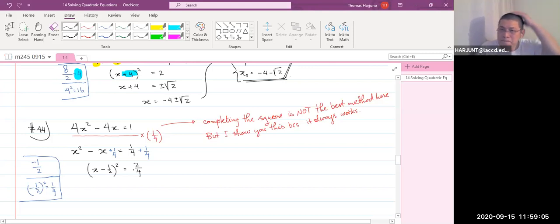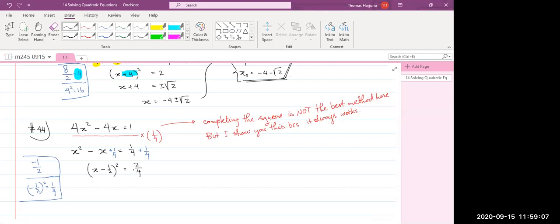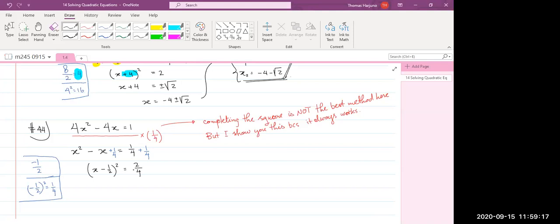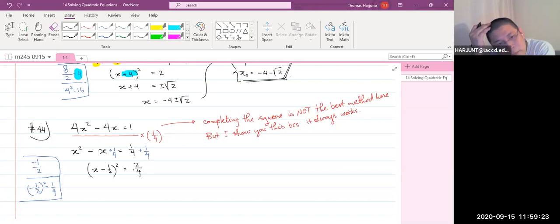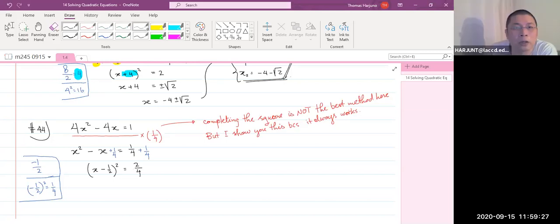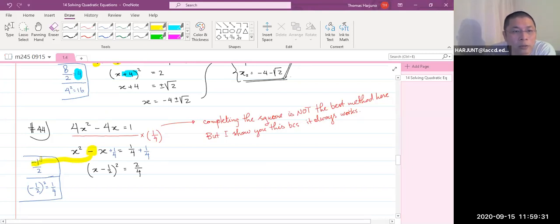Why does it have to be -1/2, and why couldn't it be just +1/2? Is there a difference? What happens if it was just +1/2? It does make a difference, because I took it from this -1 here.